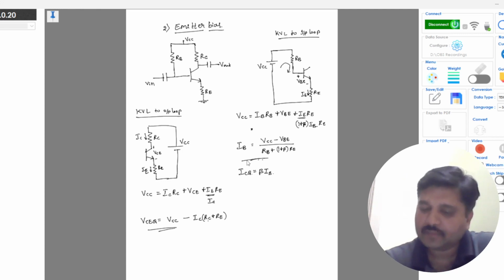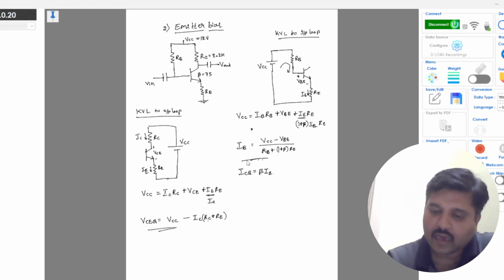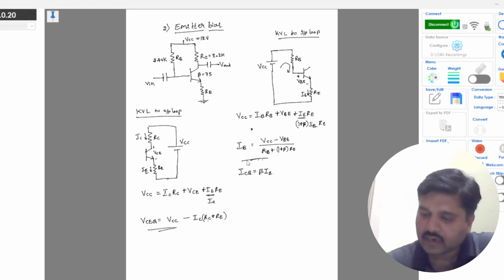So taking the same numerical values, which is 12 volt VCC, RC is 2.2K, beta is 75 and RB is 240K, and I will take RE as 1K.